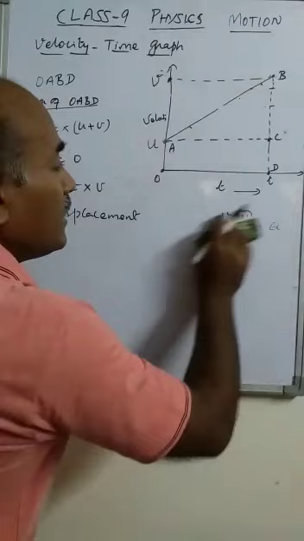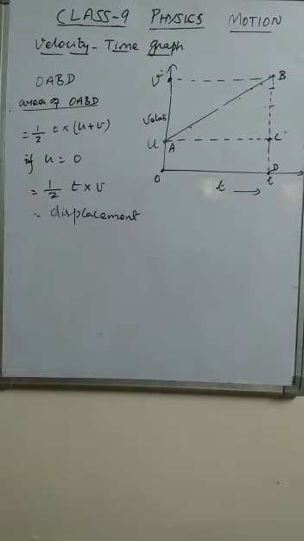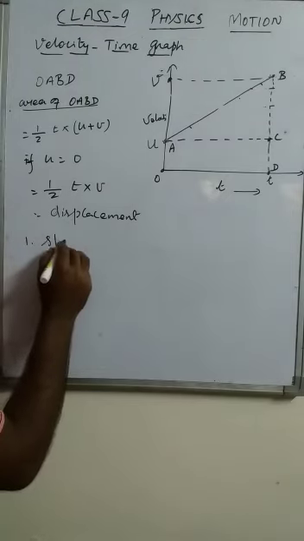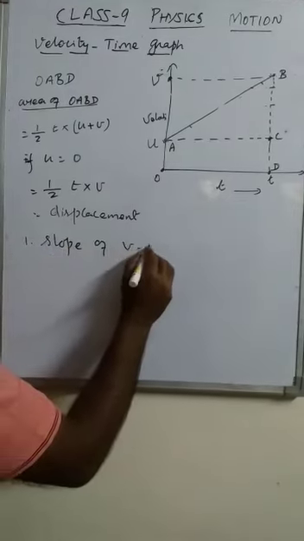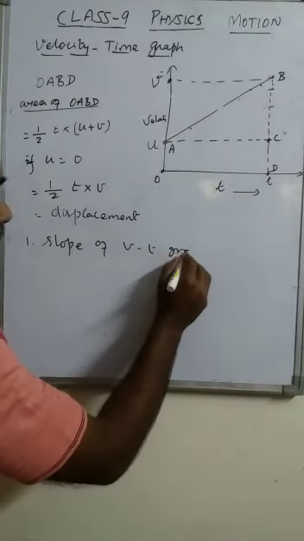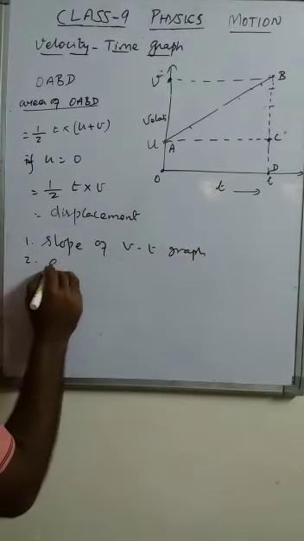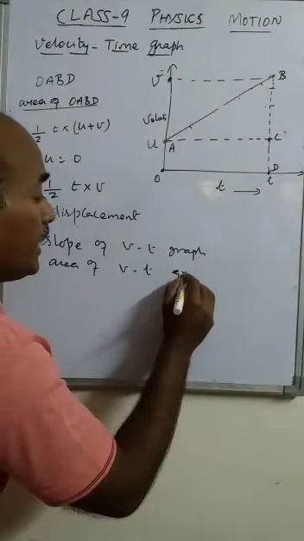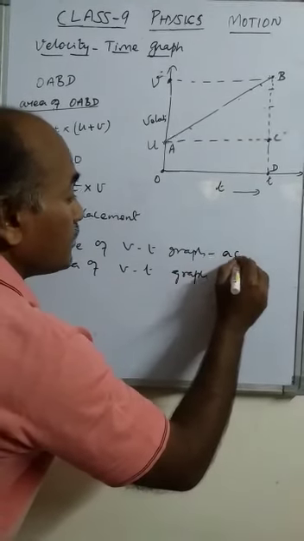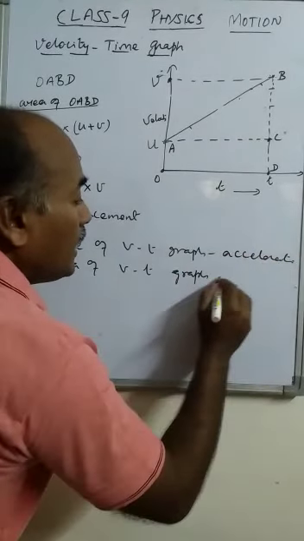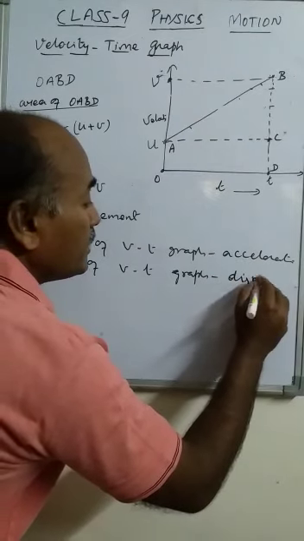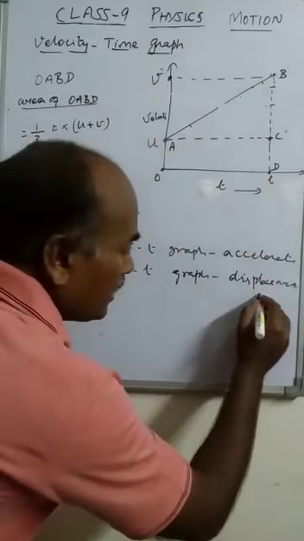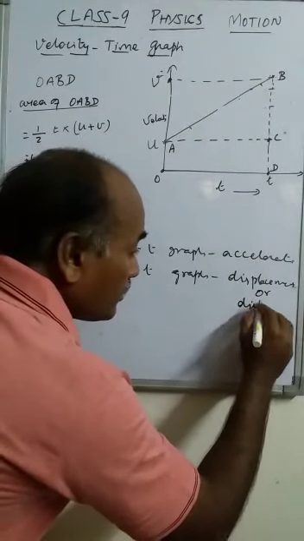So by finding the area of the VT graph, we got two conclusions. The first conclusion was the slope of the VT graph, then the area of the VT graph. Slope of the VT graph gives acceleration and area of the VT graph gives displacement. Since the object is traveling in the same direction, we can write distance also.